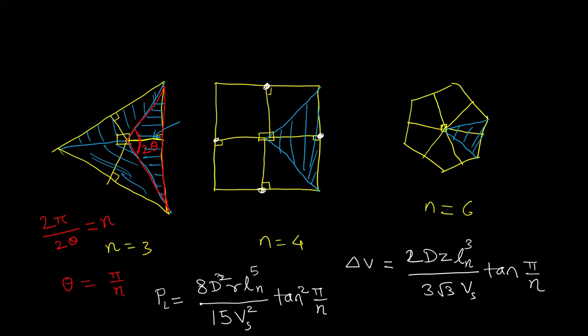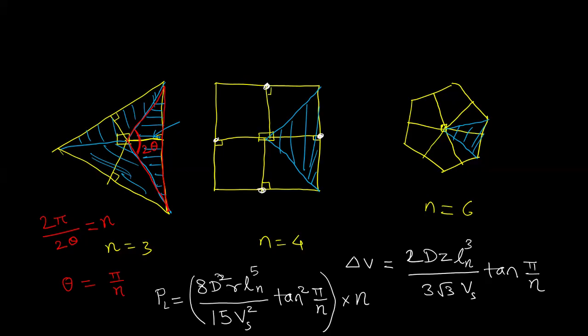And this gives the power loss happening along one feeder. Since we have n number of feeders, the total power loss will be simply that multiplied by n. So that is the expression for power loss. So that is the generalized expression.